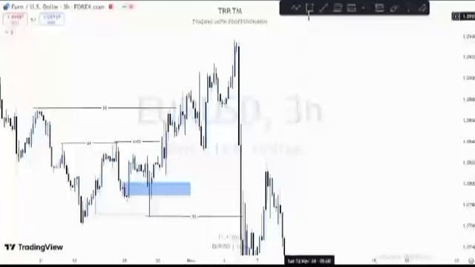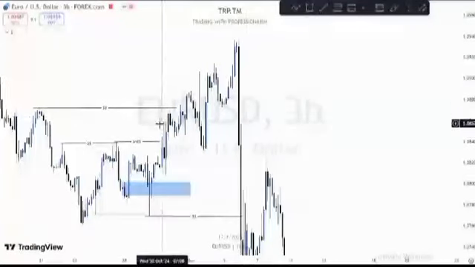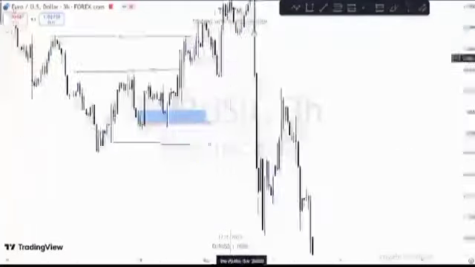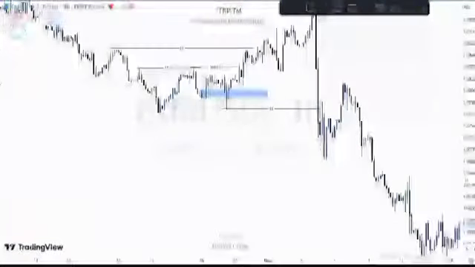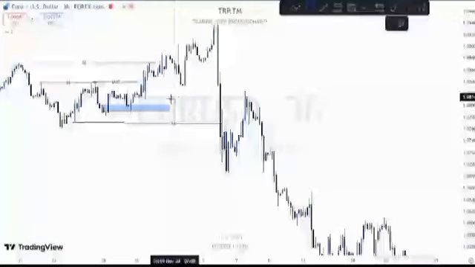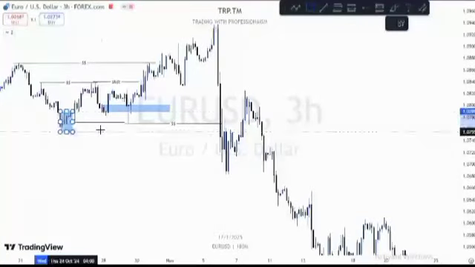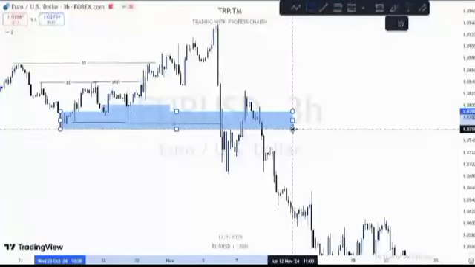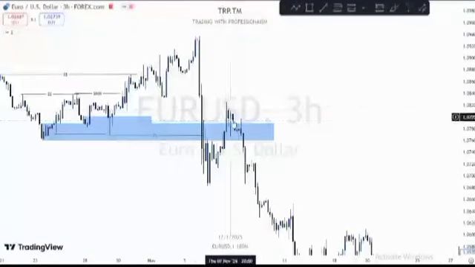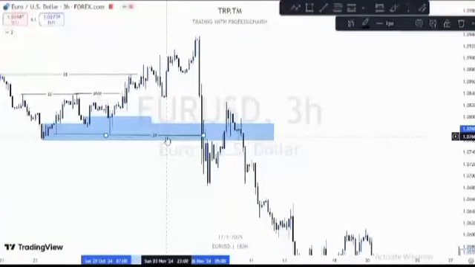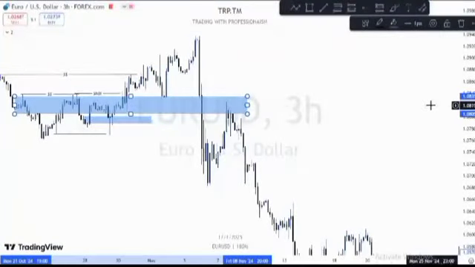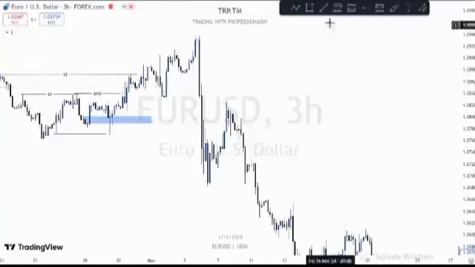So the market came up, took out this liquidity here, then stayed all the way down, then it reacted from the breaker block here.